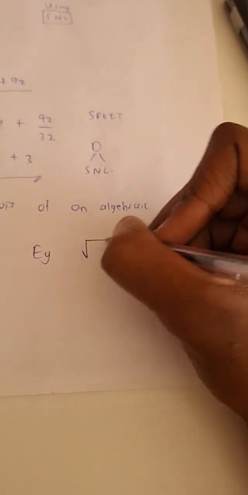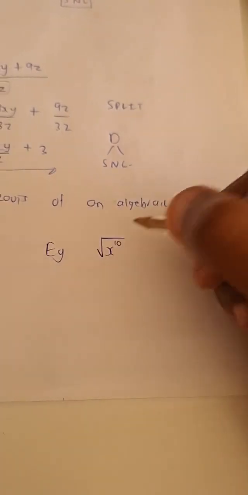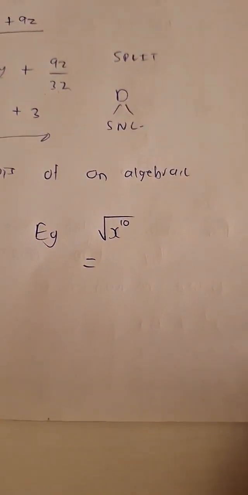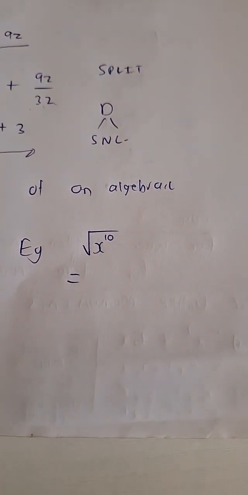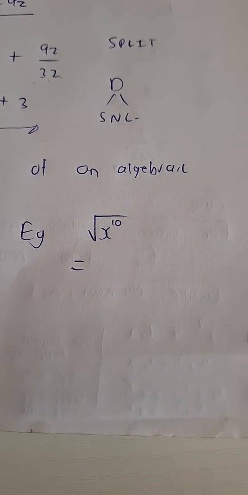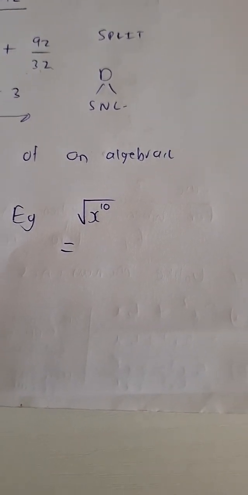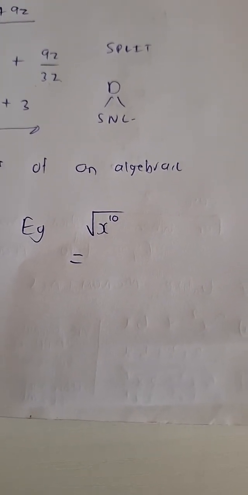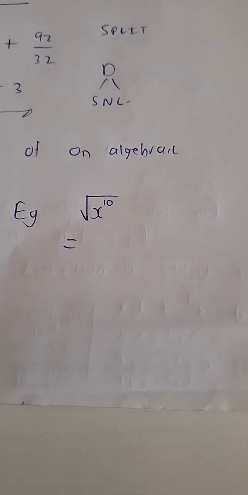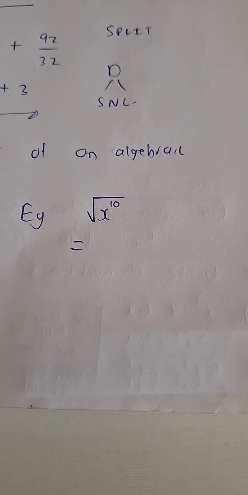So let's look at a practical example. The square root of x to the power 10 is equal to what then? This is grade 9, guys, term 2. We are jumping into term 2 like we are grabbing it by the horns. We're showing no mercy.